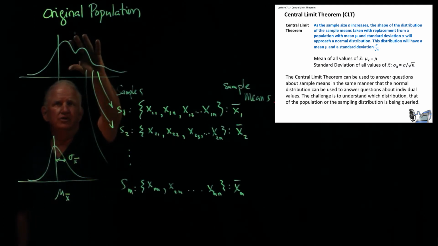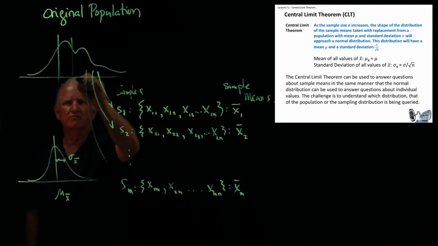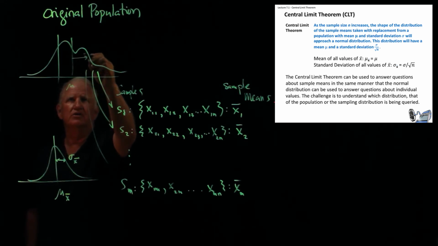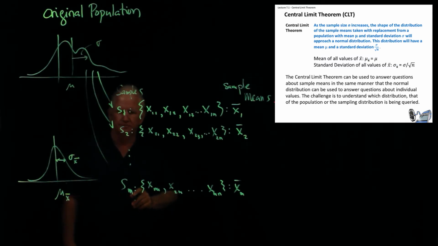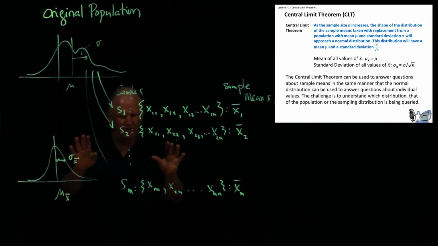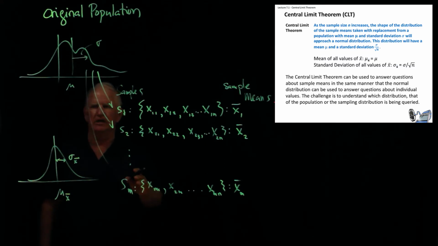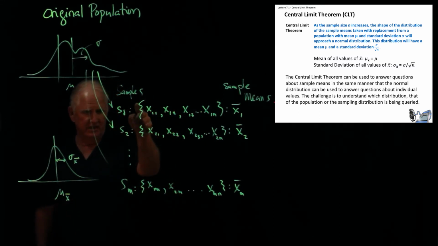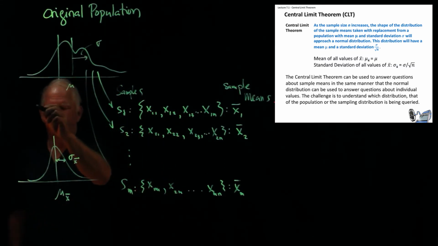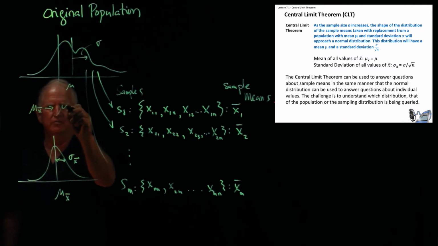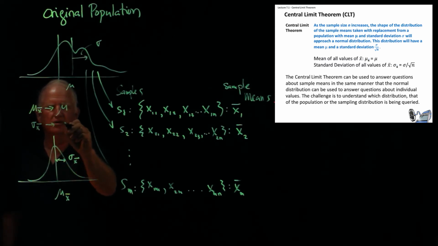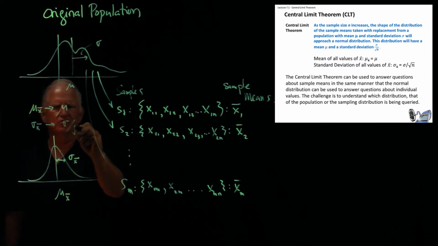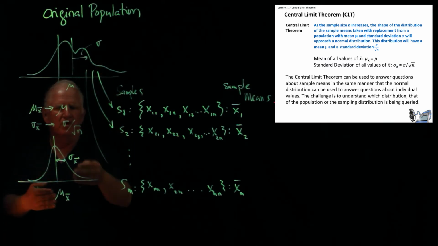This original distribution has a mean of mu and a standard deviation of sigma. What the central limit theorem says is, as n gets larger and larger, mu sub x bar gets closer and closer to mu, and sigma sub x bar gets closer and closer to sigma over the square root of n. These things are highly related.